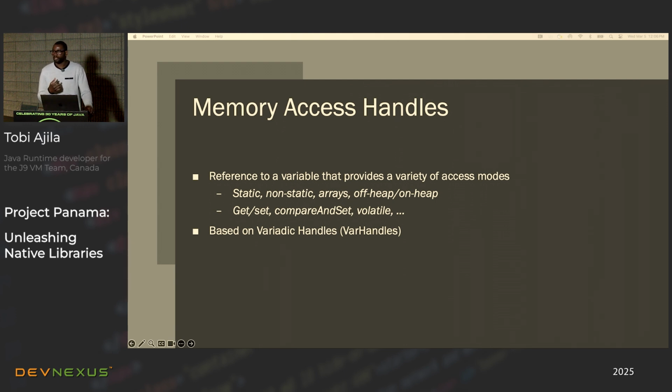It's based on var handles, which was released in Java 9, but these are references to variables that allow you to access a static, non-static, array on heap, off heap variables, and perform a variety of access instructions on them. So we looked at an example earlier, but we'll look at this in a bit more detail.